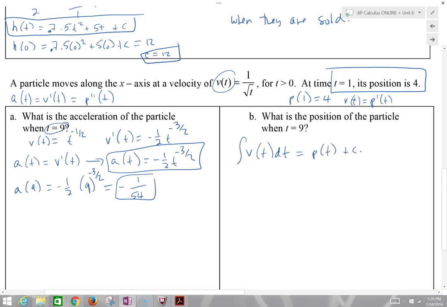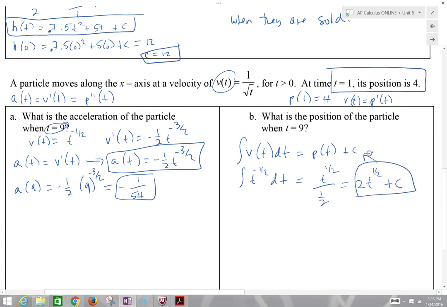Right, so the derivative of the position, which is the velocity, is equal to t to the negative 1/2 dt. So the antiderivative of that is going to be t to the 1/2 divided by 1/2, which is equal to 2t to the 1/2. Don't forget your plus c.